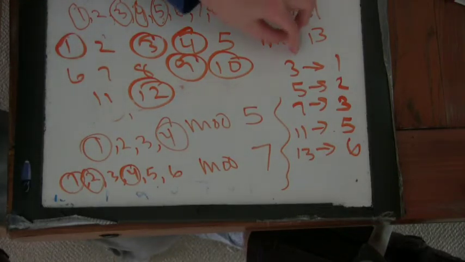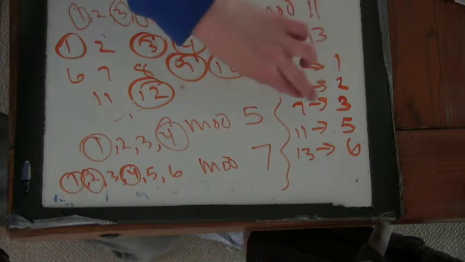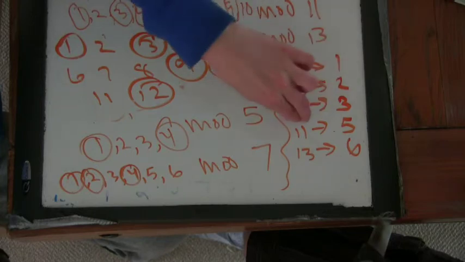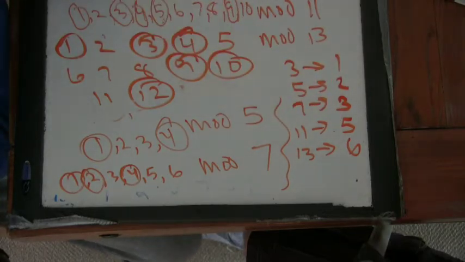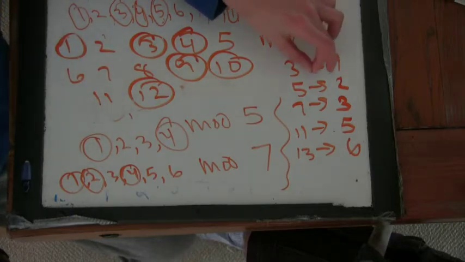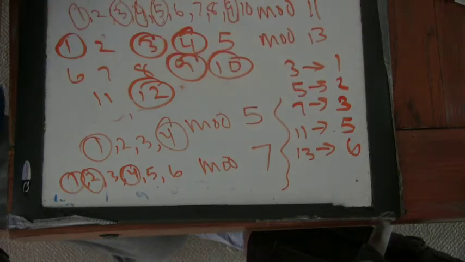So 3 minus 2 is 1. 5 minus 3 is 2. 7 minus 4 is 3. 11 minus 6 is 5.